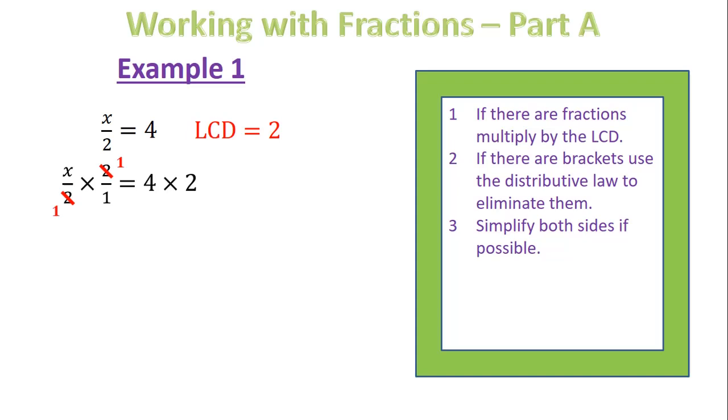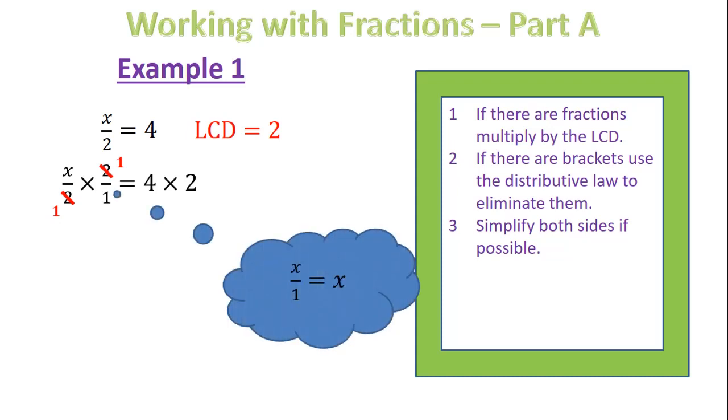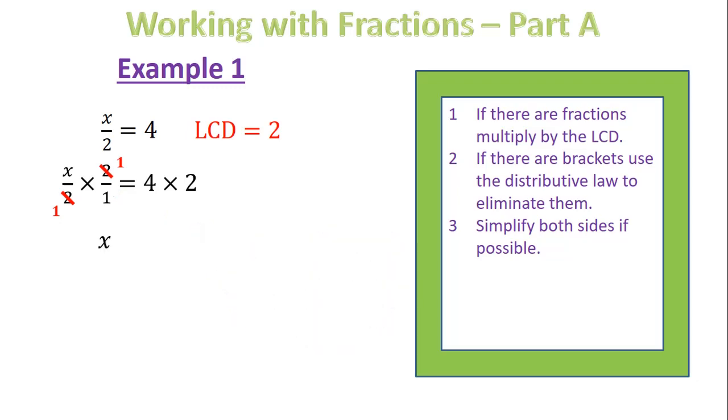Now if we look at the left-hand side, in my numerator I have x times 1, and in my denominator I have 1 times 1. And so that's x over 1, which actually equals x. x over 1 equals x. So, on my left-hand side, x equals, and 4 times 2 is 8. And that is step 1 done.